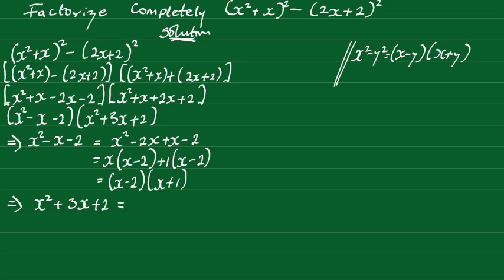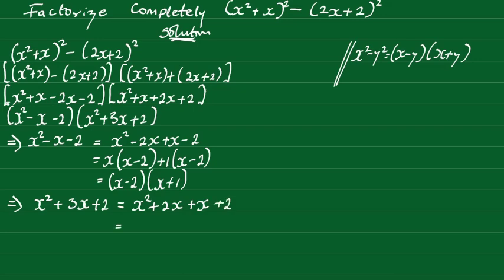These two factors of plus 2 are plus 2 and plus 1. Having this in mind, we write equal to x². In place of plus 3x, we now input plus 2x plus x, which is the same thing as plus 1x, plus 2.